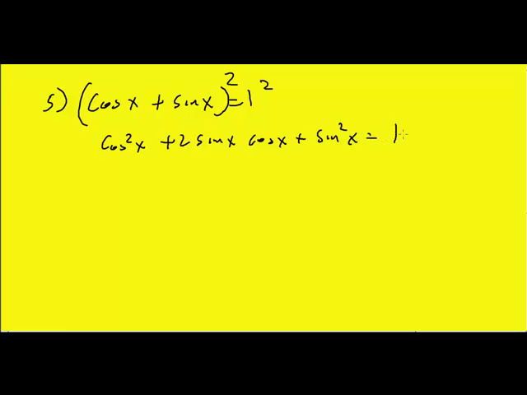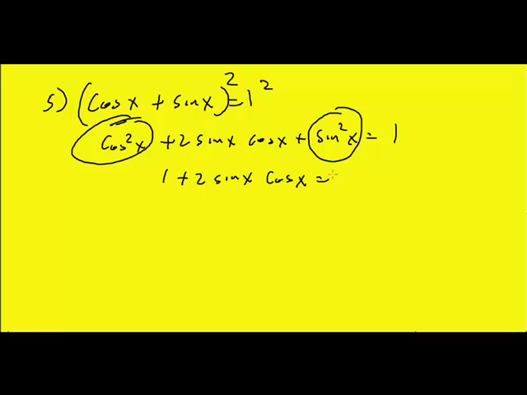I'm expanding a binomial. Well, cosine squared plus sine squared come together, they turn into 1. So it'll be 1 plus 2 sine x times cosine x is equal to 1. That's a trig identity.